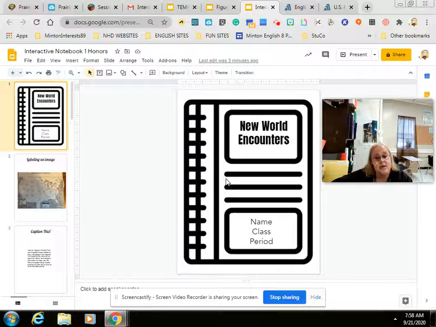And then the second one will be more of a, this one will be an I do. I'll do this one. And then you'll have a couple of things that you'll have to put into place. Next one we'll do together, and that's going to be the one on English settlements, which we're going to start talking about today. And then the third one you'll do. So then we can kind of move through.